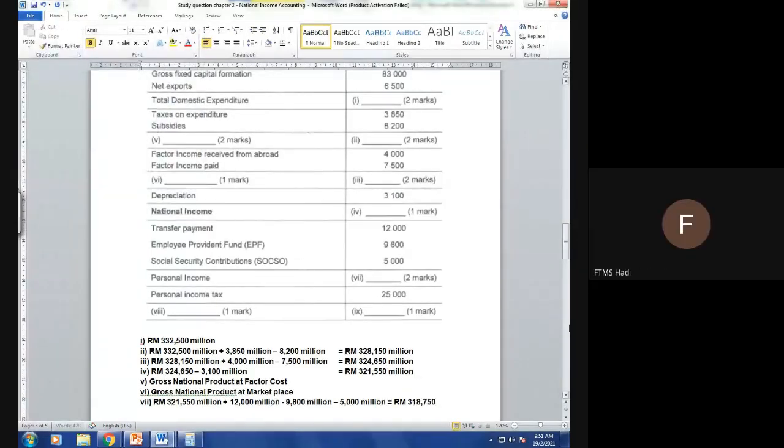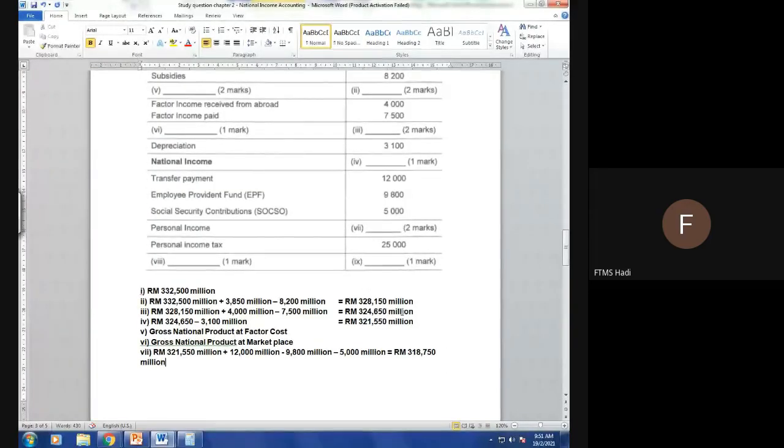Okay, so the last one, the question number, this one. Okay, which is this one, disposable income. And then the last one is question number 9, okay, which is this one. The answer for personal income less personal income tax, tolak. 293,750.